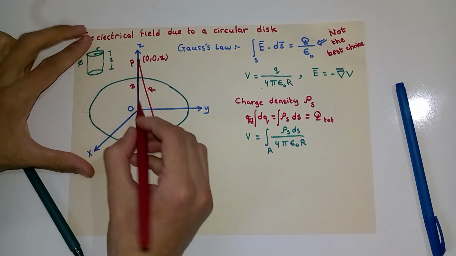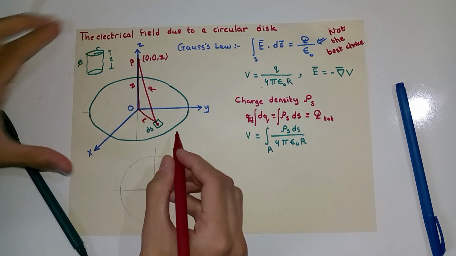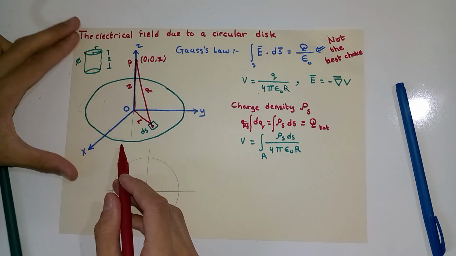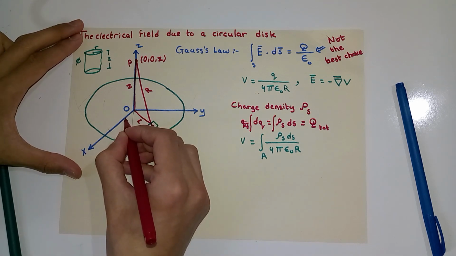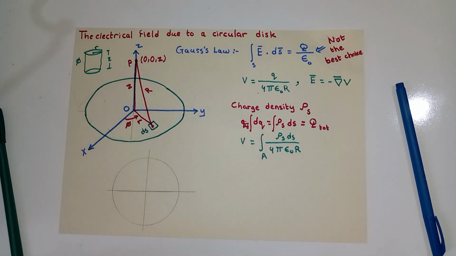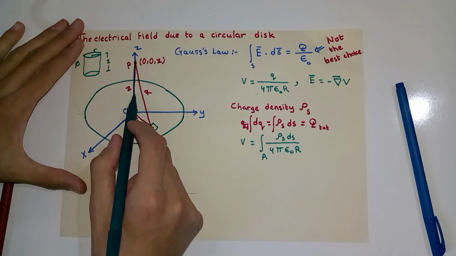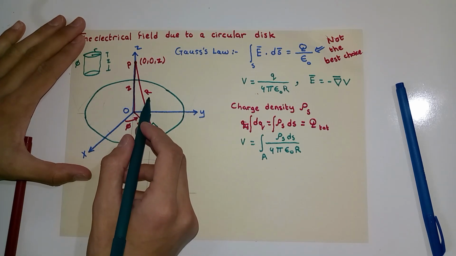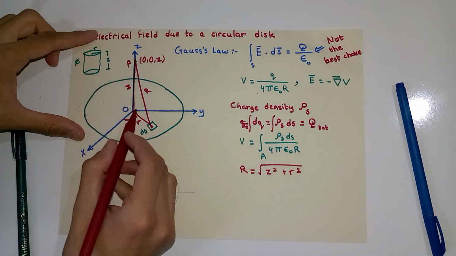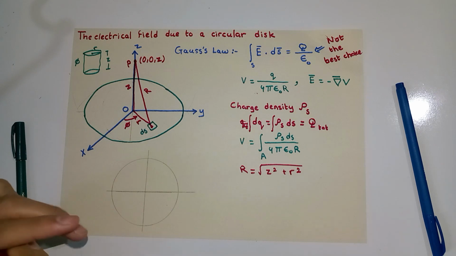Z is already determined, and r is the radius of this disk, and phi is the azimuthal angle, is this angle. Okay, now we can write r in terms of cylindrical coordinate systems by using the Pythagorean theorem, as this angle here is 90 degrees, the angle between r and z.